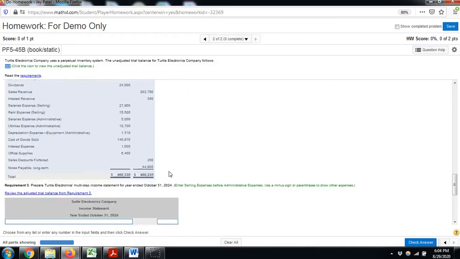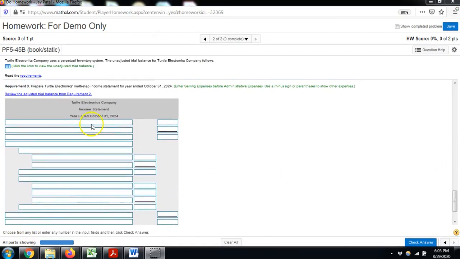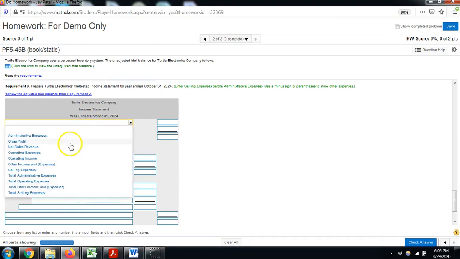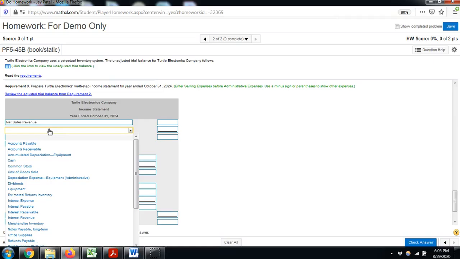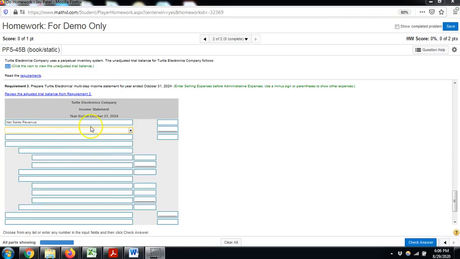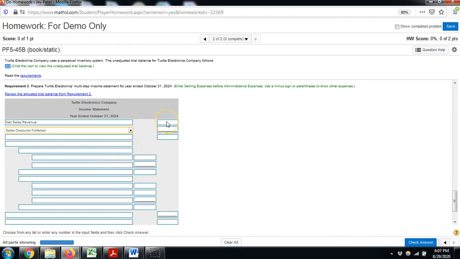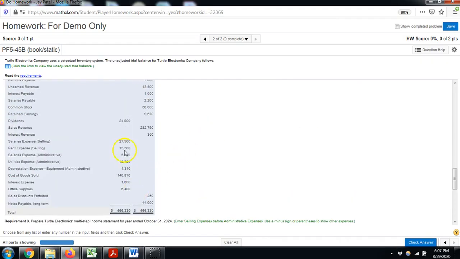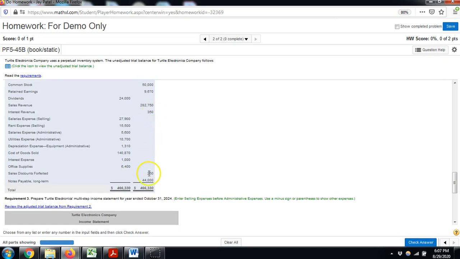Okay, so now finally let's do the multi-step income statement. So we have at the top net sales revenue, and then we're going to have less sales discounts forfeited. So we have 282,750 less 250.